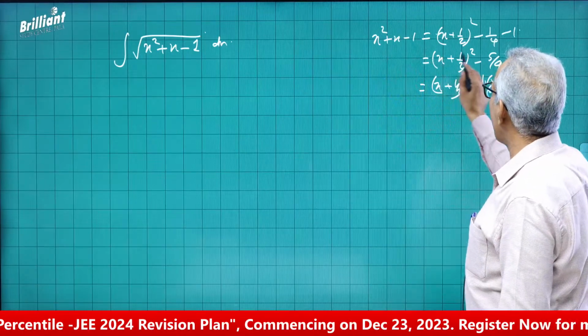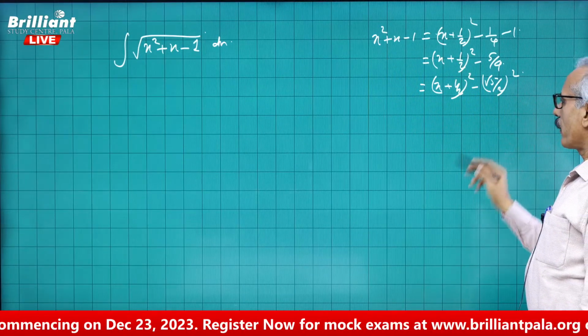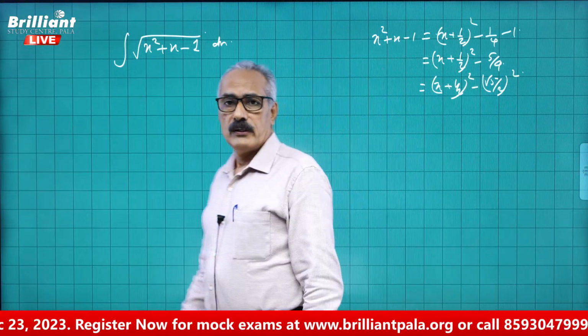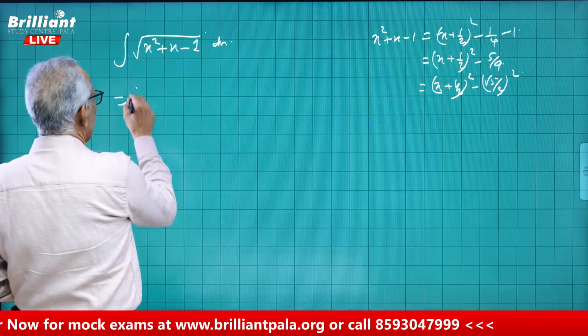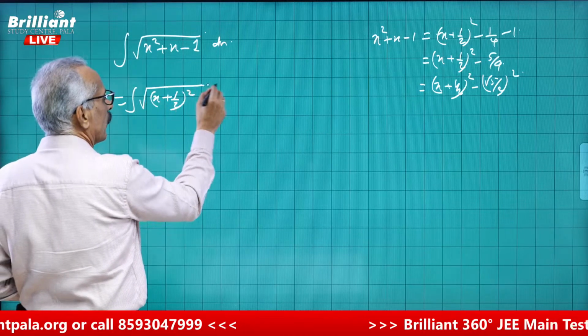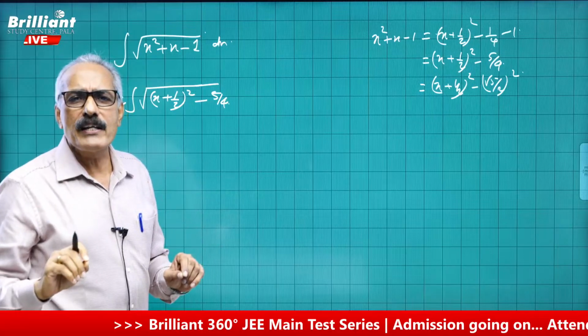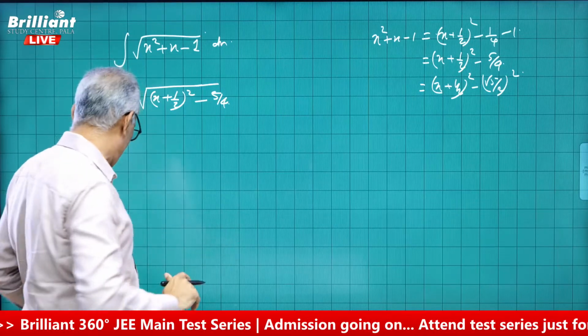So this is equal to integral square root of x plus 1 by 2 the whole square minus 5 by 4. I don't need to write it as root 5 by 2 the whole square.